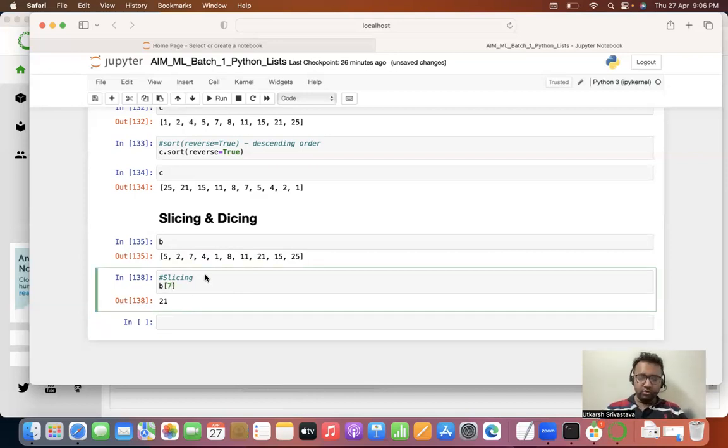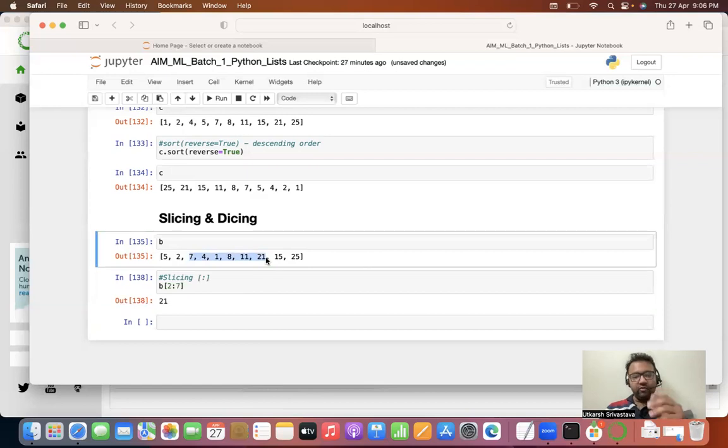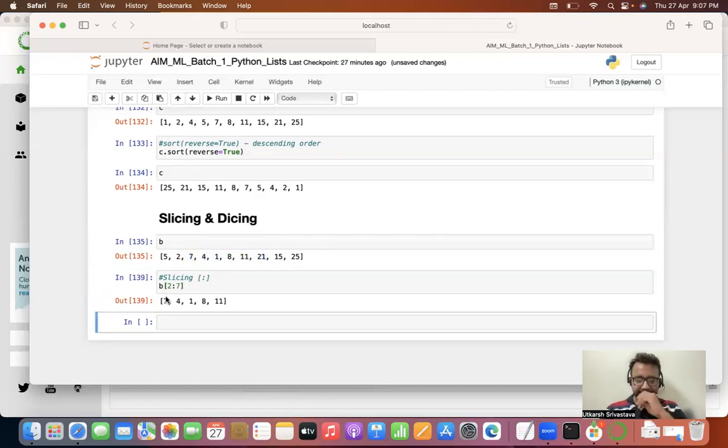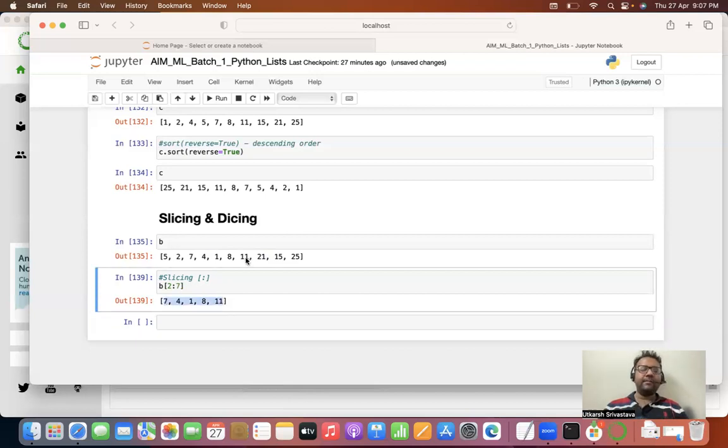Now, how do we slice a list? With the help of colon. So if we write, let's say, 2 colon 7, we should get this list. But we won't. Why? Let us have a look. See, we got till 11.